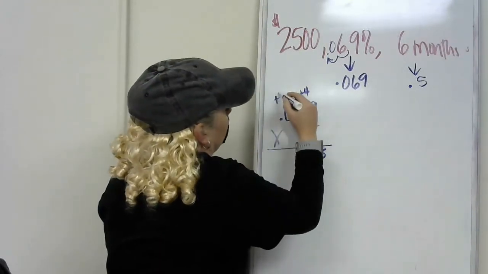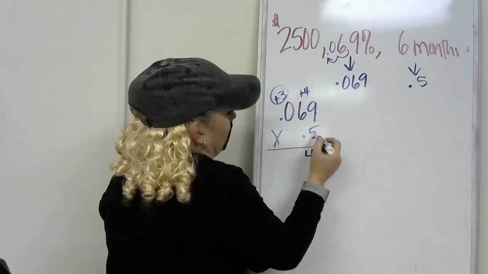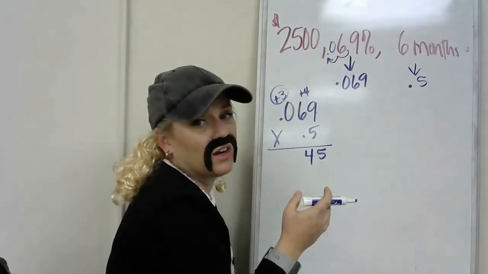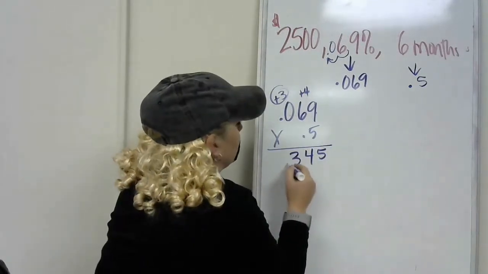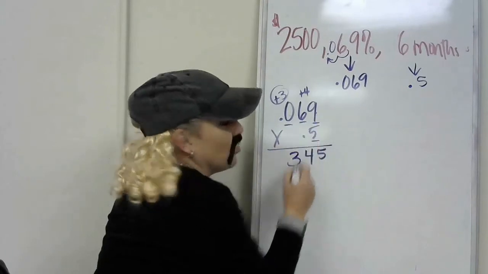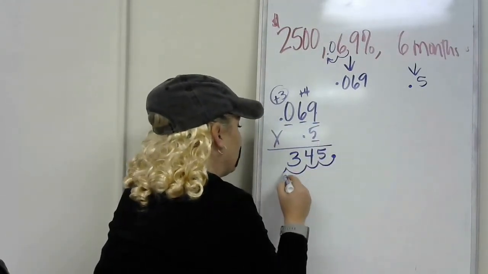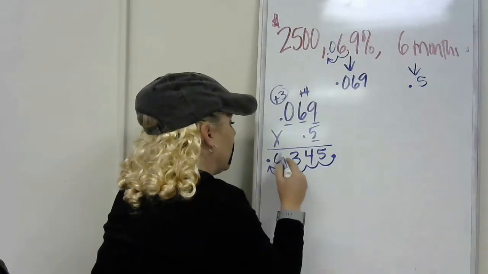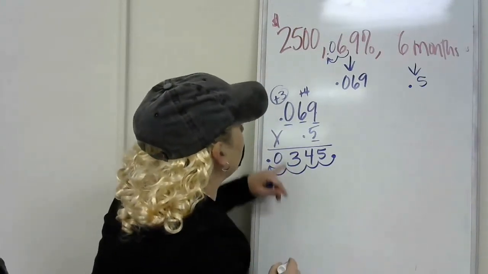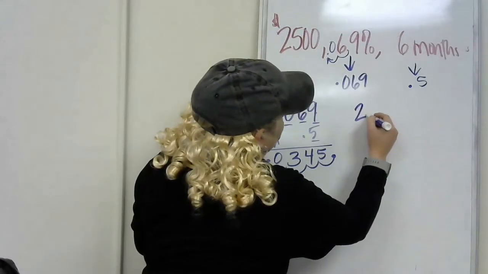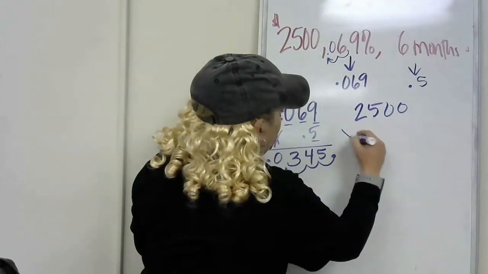The 4 can stay, but the 3 got to go. And 0 times 5 is 0, and 0 plus 3 is 3. And I've got 1, 2, 3, 4 decimal places. So I've got to do 1, 2, 3. Ooh, I'm going to have to add a 0 in there, okay? So now we got that. We're going to multiply it by 2,500.